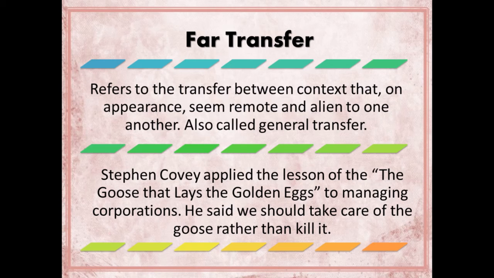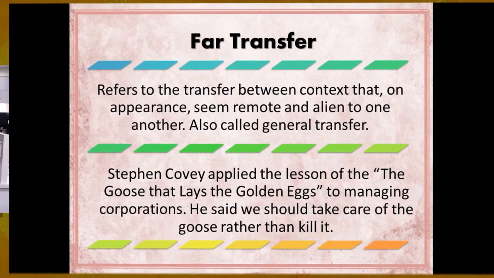If you understand one thing and you apply this understanding to another, it makes it easier for you to understand. Like the goose that lays the golden eggs applied to managing corporations. So Covey said we should take care of the goose rather than kill it.